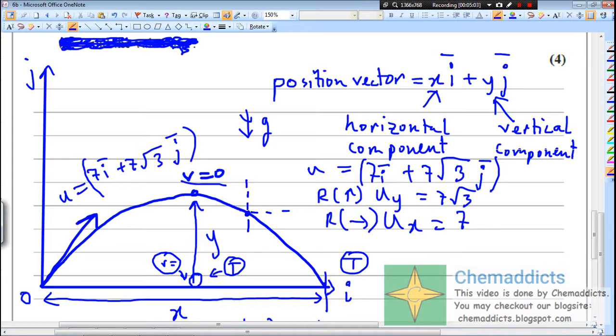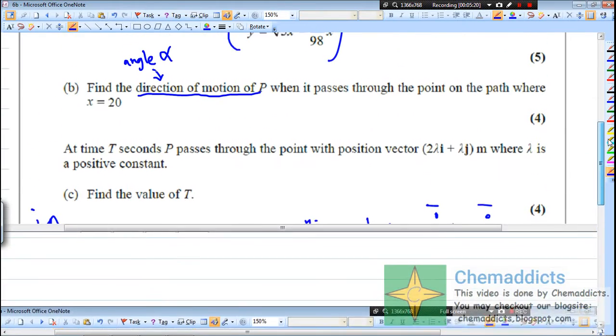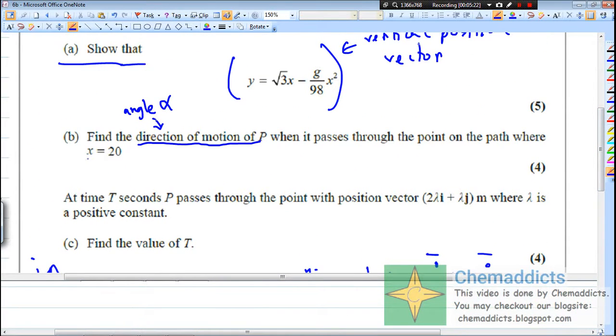Suppose the particle was here, at the time when the horizontal component is 20. It is already given in the question. This is the horizontal component of the position vector, so the horizontal component is given here.